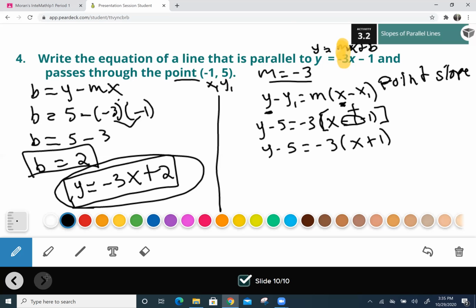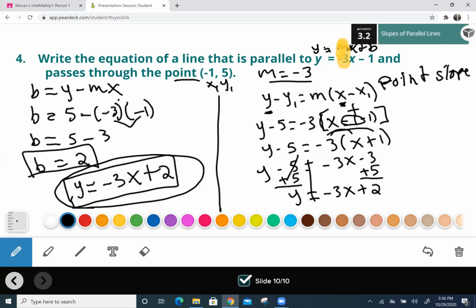Next thing we're going to do is distribute, which, if you remember, we did on brackets, so you should be familiar with that. And we're going to add 5 to it. So bring down the y, bring down the equal sign, bring down the negative 3x, and negative 3 plus 5 is positive 2. And guess what? It should be the same.